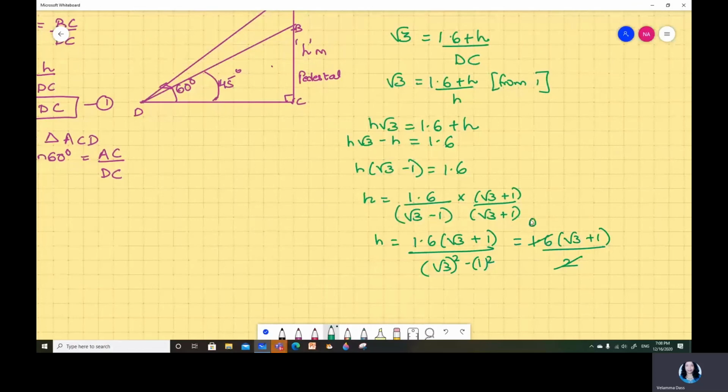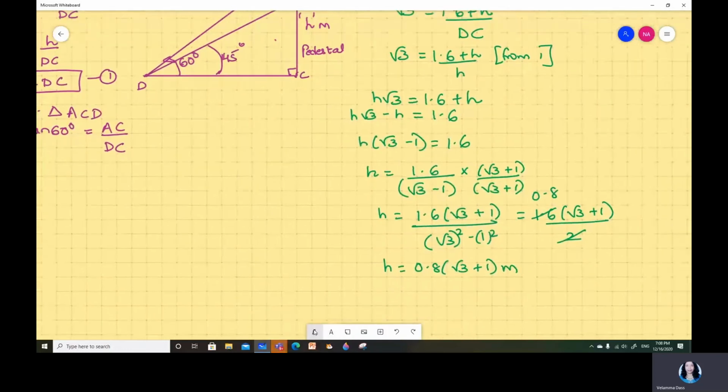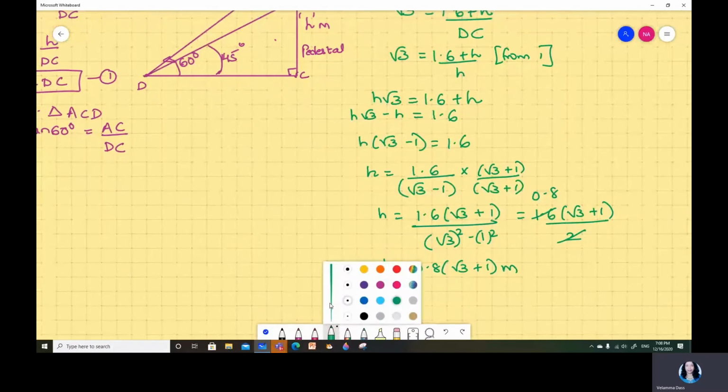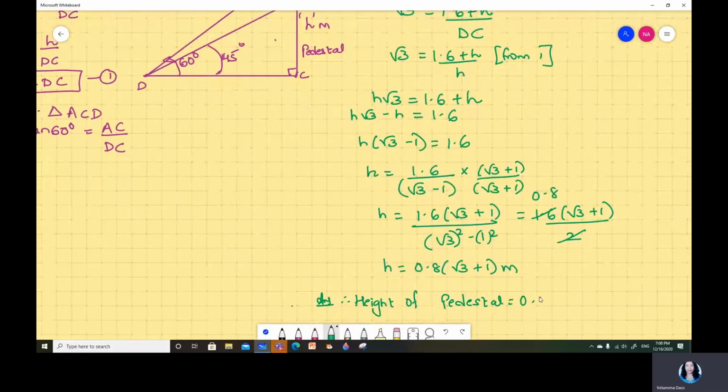So here we'll have 0.8 root 3 plus 1 meter. Therefore, the height of the pedestal equals 0.8 into root 3 plus 1 meter.